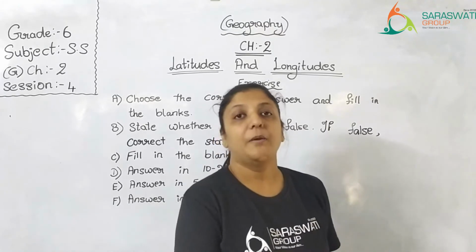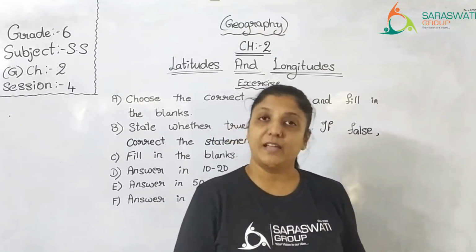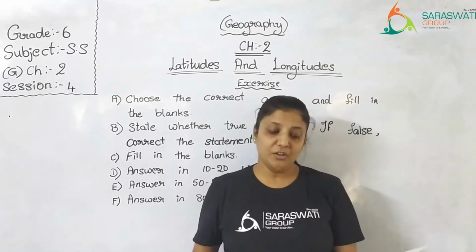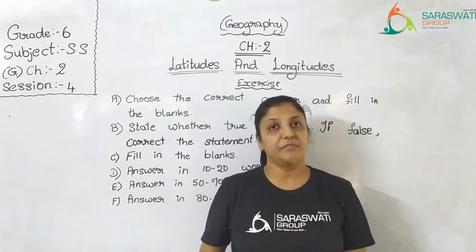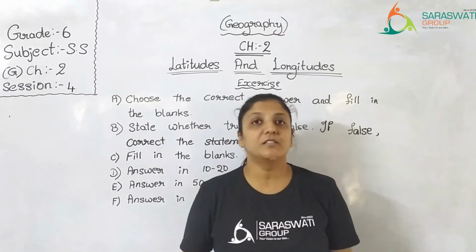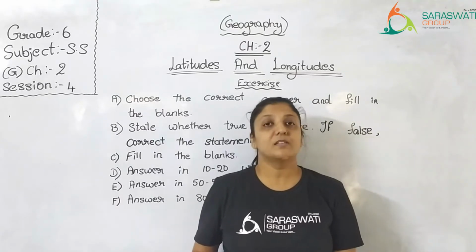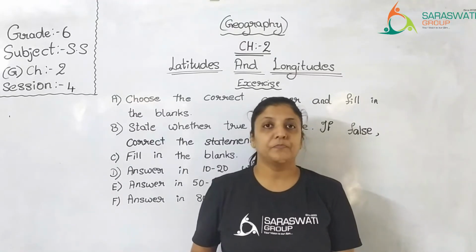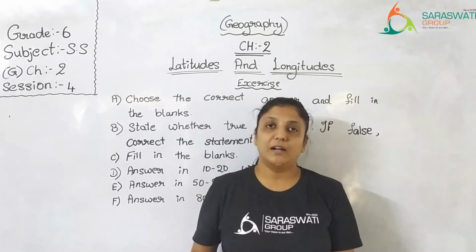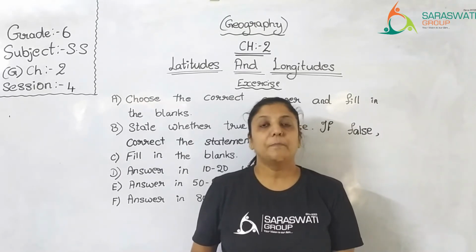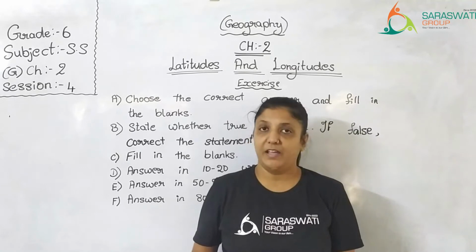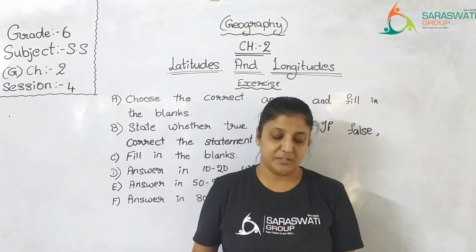So today, before we start discussing the exercise, we'll see the vocabulary words that are given. You have to learn the spelling of these vocabulary words. First one is correspondingly. Correspondingly.